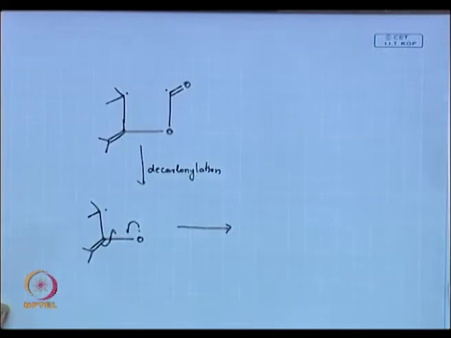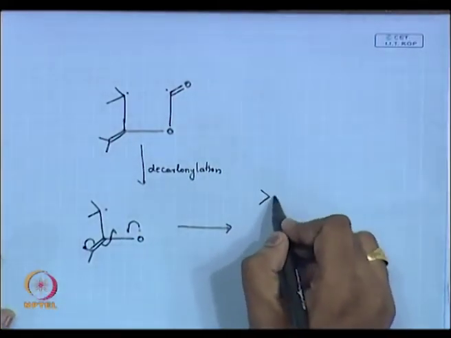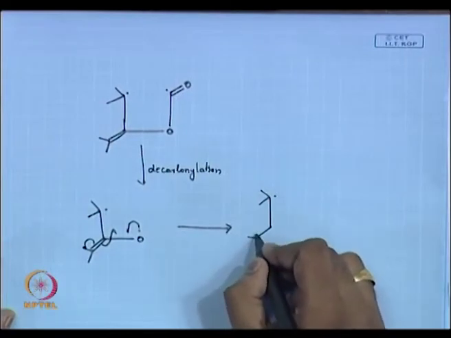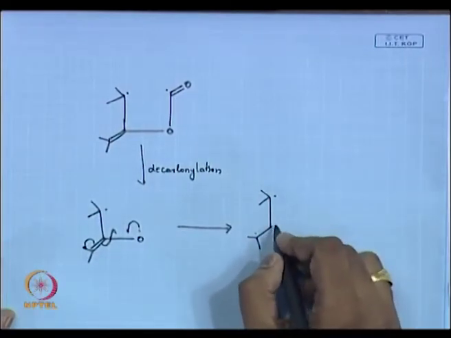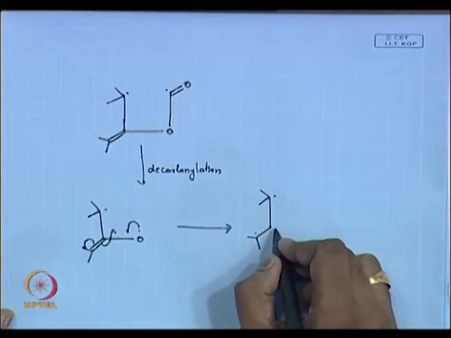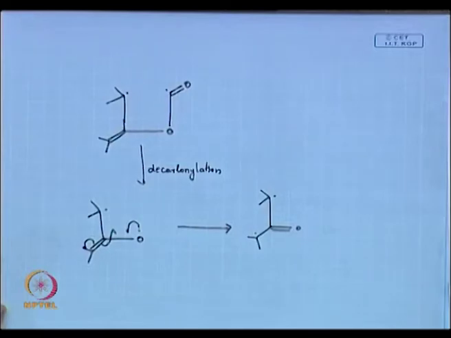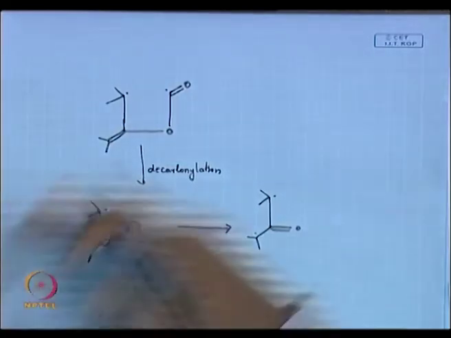Yes or no? I can use that. So, if I use it, then I will end up with what? See, the type of ketone I am getting. That is why it wants to push in that direction.